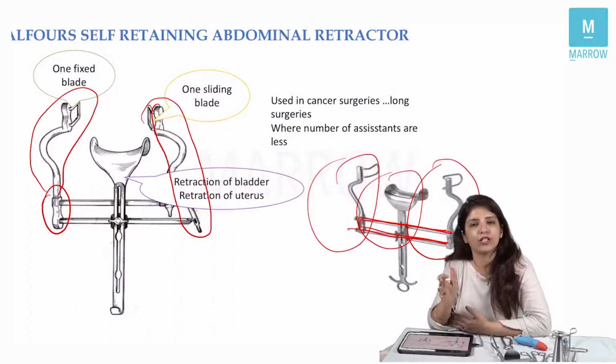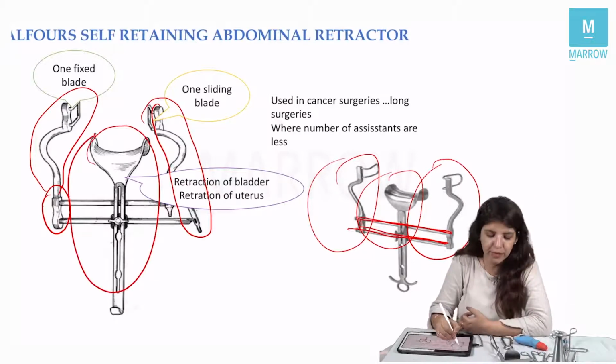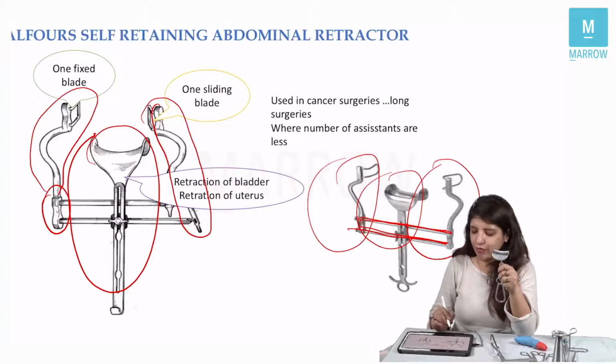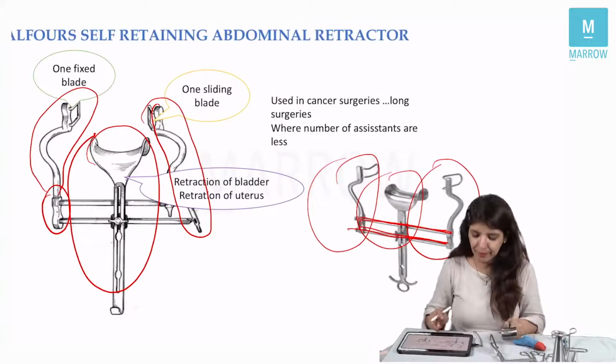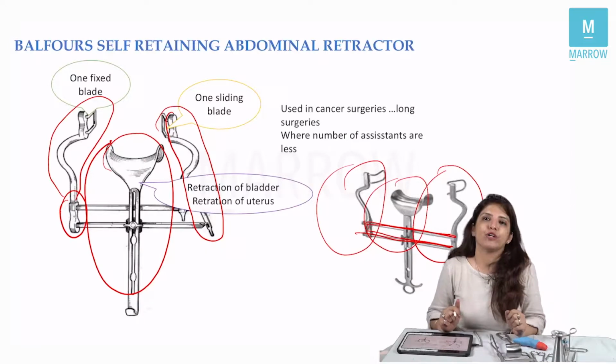On the other end, the blade will be sliding, right? And in the middle, the blade will resemble a Doyen's retractor, right? So, this is a Balfour's self-retaining abdominal wall retractor. Clear? All these retractors which I told you were to retract the abdominal organs.